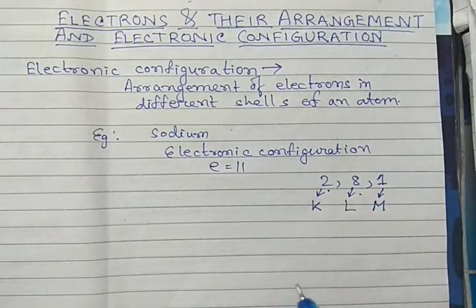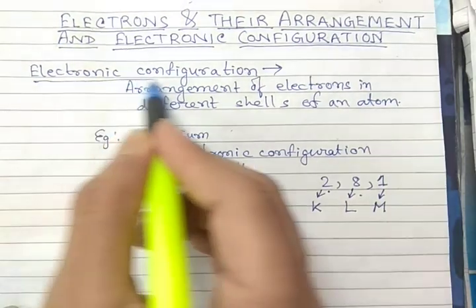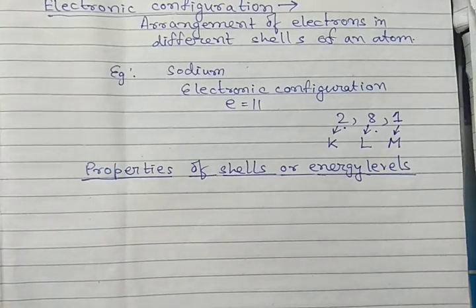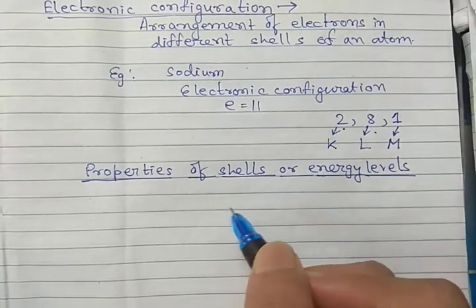So this manner of arrangement, that is how many electrons are arranged in the different shells of an atom, gives us the electronic configuration of that particular atom. Clear? Okay, so before moving on to the arrangement, we need to know some of the properties of the shells or energy levels.